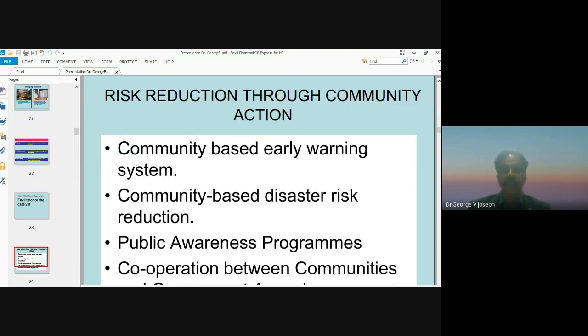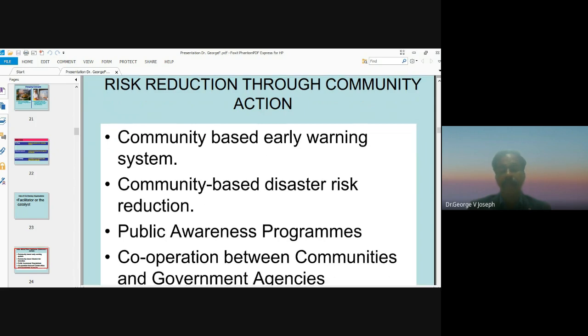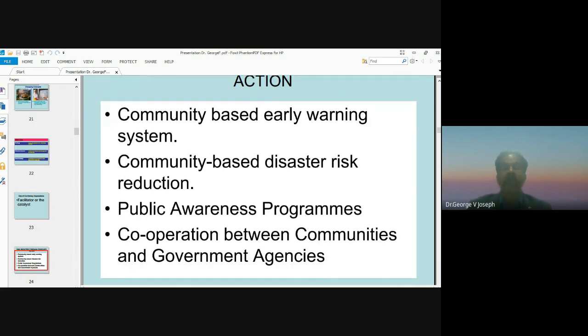Then community-based risk reduction activities. After identifying what things need to be done, they can prioritize. Then community awareness programs. We can use local cultural programs as a means of generating awareness and cooperation between government and community.